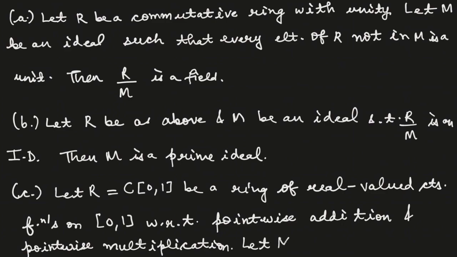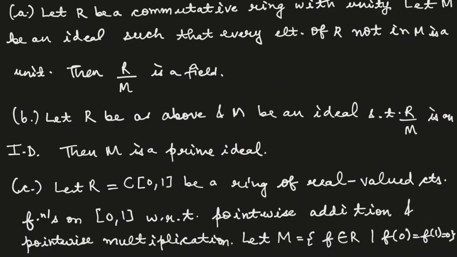Let M = {f ∈ R such that f(0) = f(1) = 0}. Then M is a maximal ideal.